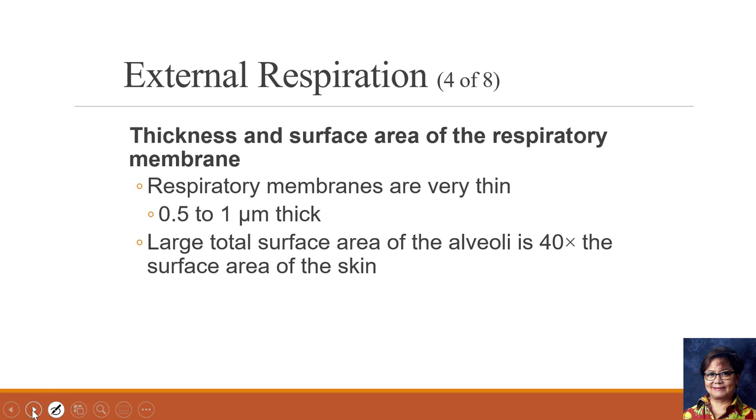You can just imagine, right? You think that our skin is the largest organ, because of its thickness. However, with surface area, the surface area of the alveolar sacs of the lungs cumulatively outnumbers the surface area of the skin by 40 times.